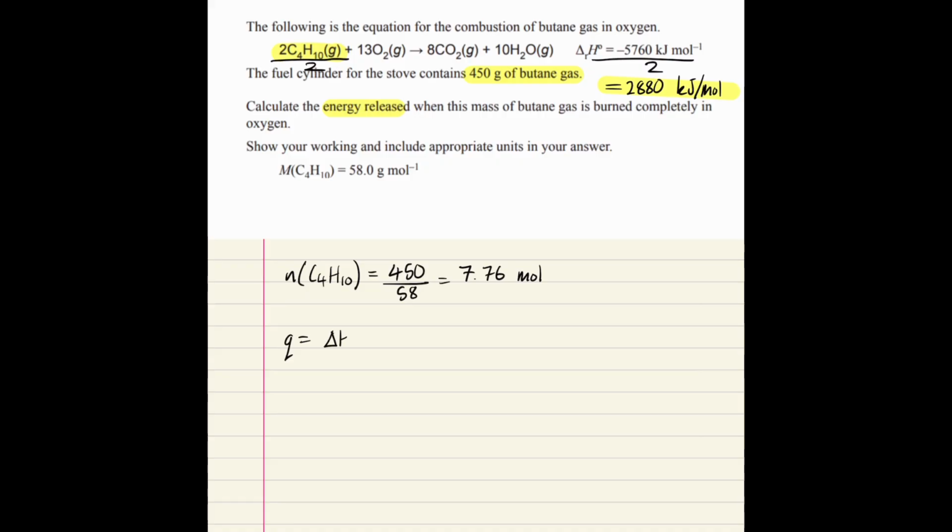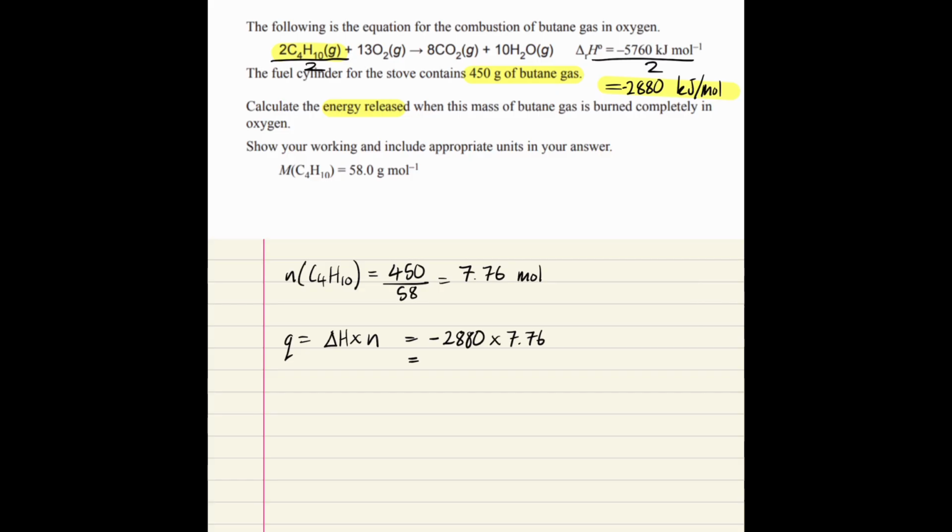So just like last time. Alright, so delta H, oops, almost did a really common mistake. Negative 2880 times 7.76. That is a really common mistake to do. Please do not make it.